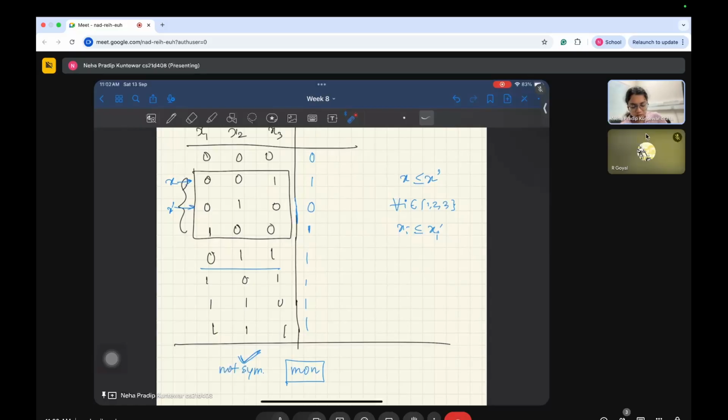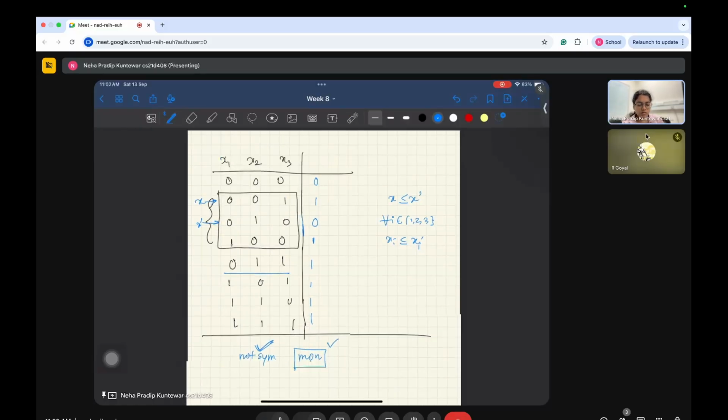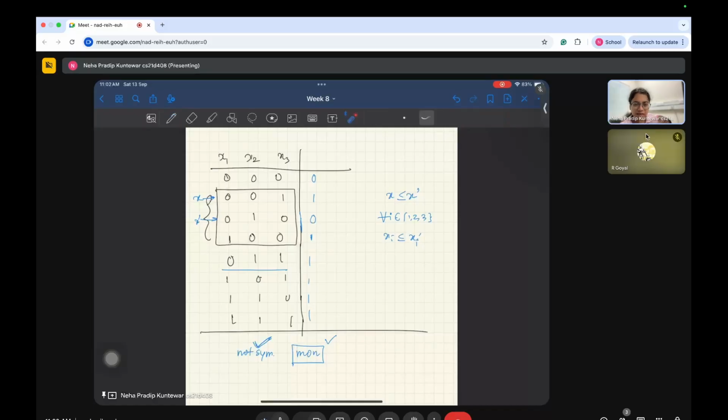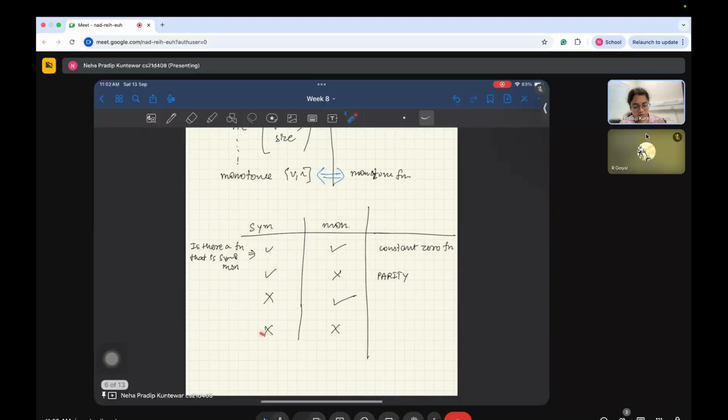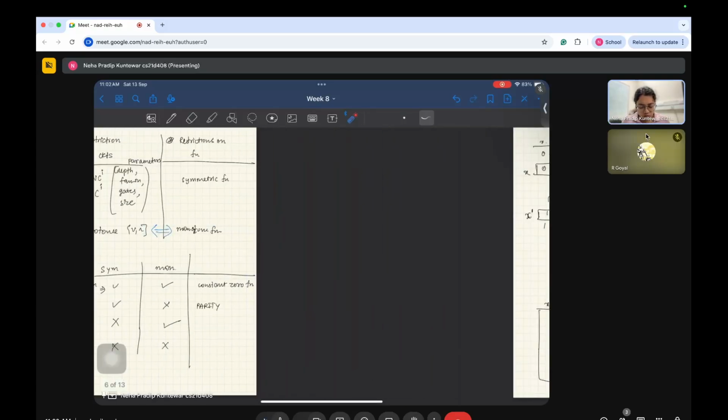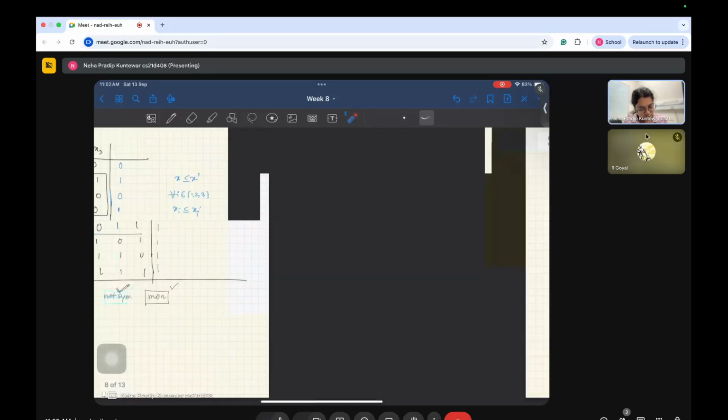So although there's no name that we have for this function, it's an explicit function which is not symmetric but monotone. And similarly we can think of functions that are neither symmetric nor monotone.